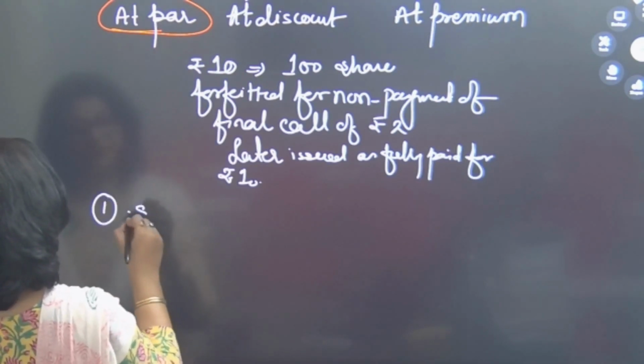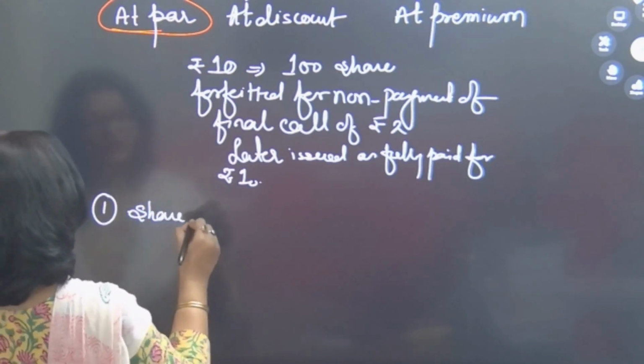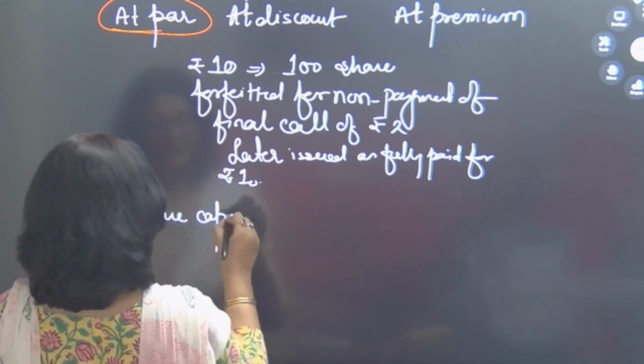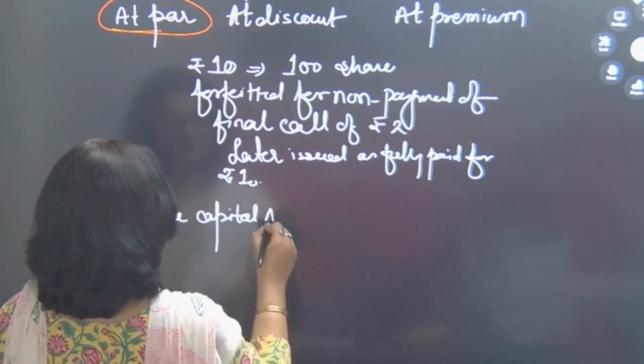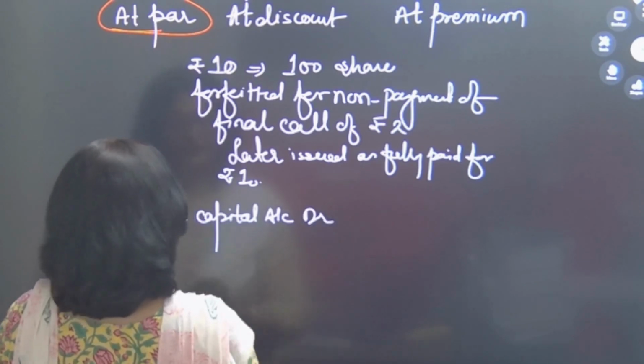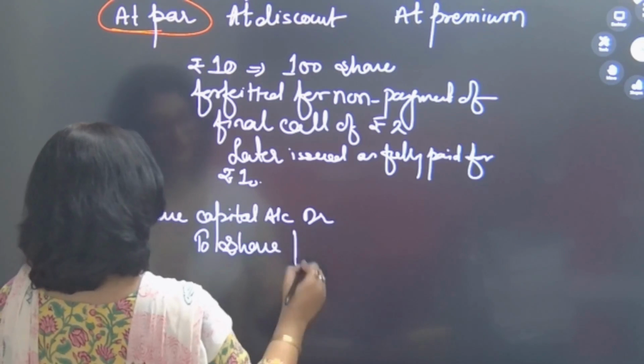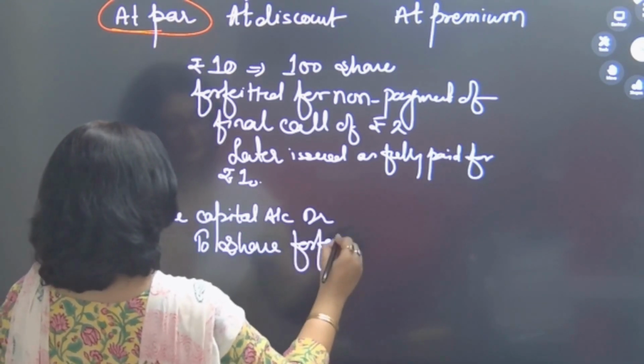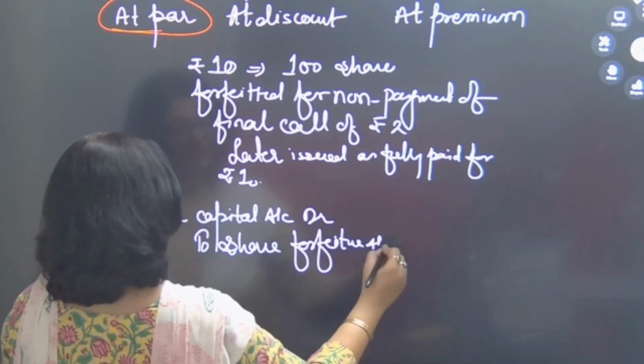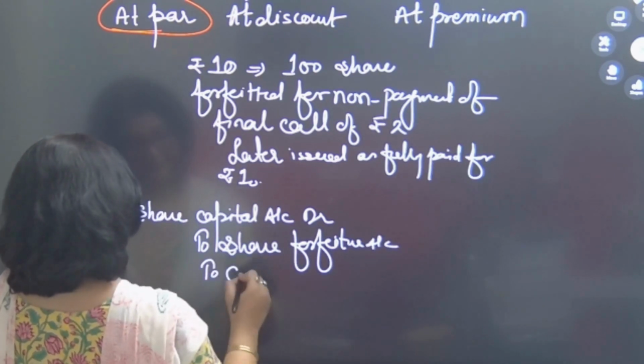In forfeiture of share, we write share capital account debit, and on the credit we write share forfeiture and calls in arrears.